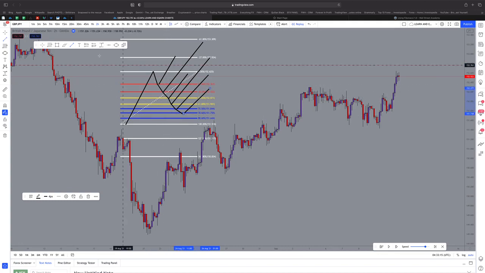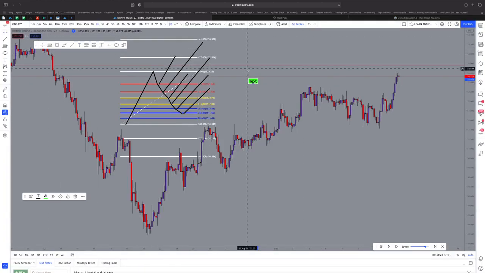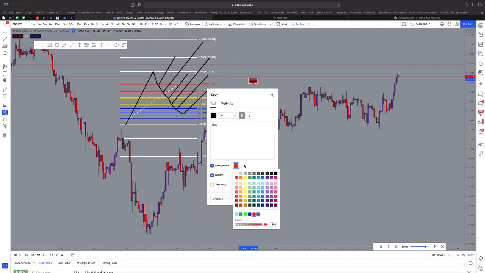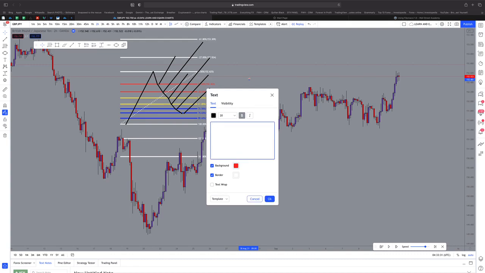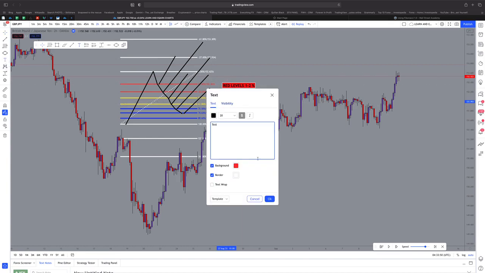Take notes. At the red, hold on one second there. Let me go ahead and tweak this. We'll make the background red so everybody understands. Red levels, you want to risk anywhere from 1 to 2% on that level, right? Red levels. Let's go ahead and do this again. Let's turn this color into yellow.